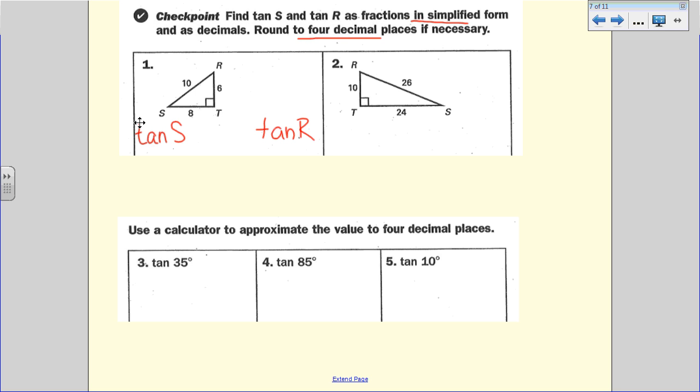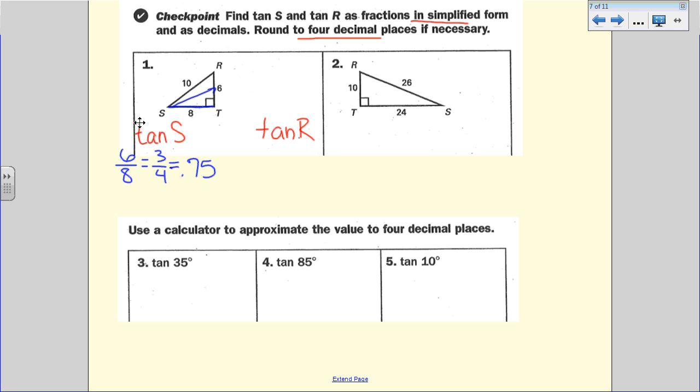Tangent of S, I'm going to go opposite is 6, adjacent is 8, which simplifies down to 3/4. And if we think of that, we can go to our calculator and divide it, or I can just simplify that. That's exactly 0.75.